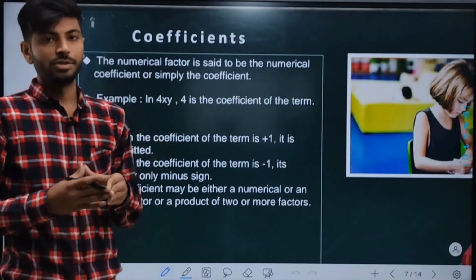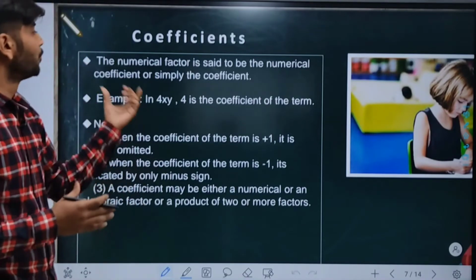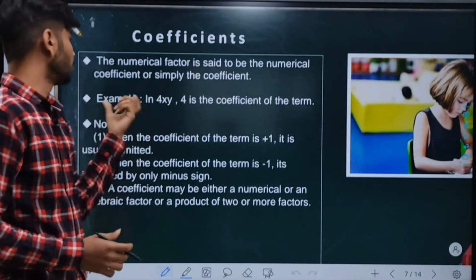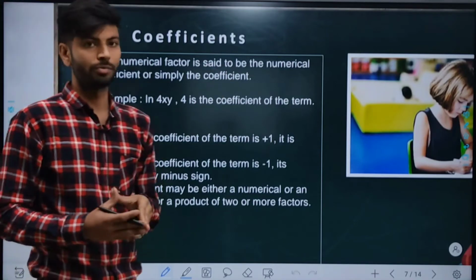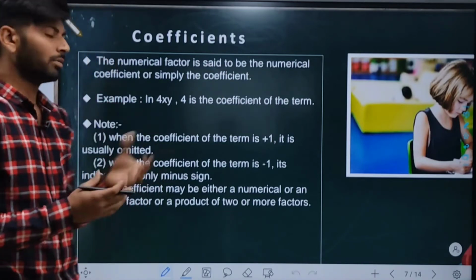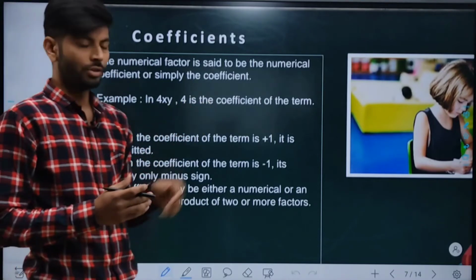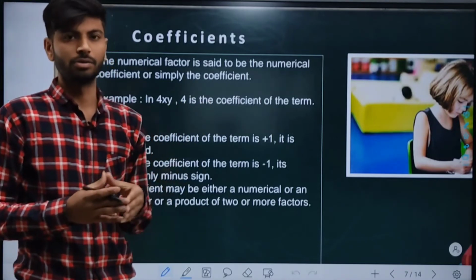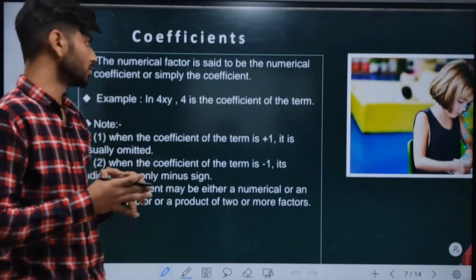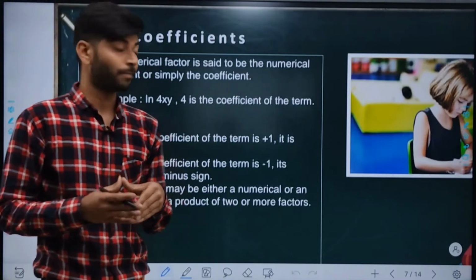What is the coefficient? First of all, the numerical factor is said to be the numerical coefficient or simply a coefficient. Whenever the term is given, in the term we can find out the numerical factor. It will be a number.